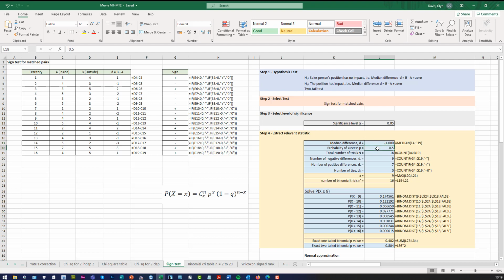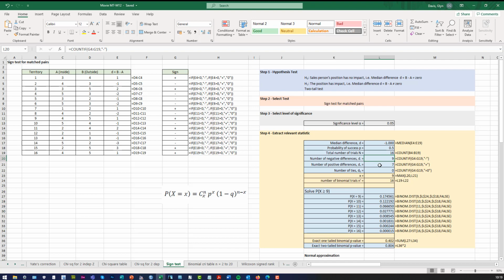Remember, this is a binomial problem. The total number of trials is 16, so we use the Excel function COUNT to count the total number of paired values. You can see there, we should have 16. The number of negative differences, well, we use the COUNTIF function for G4 to G19, and we read off when it's negative.